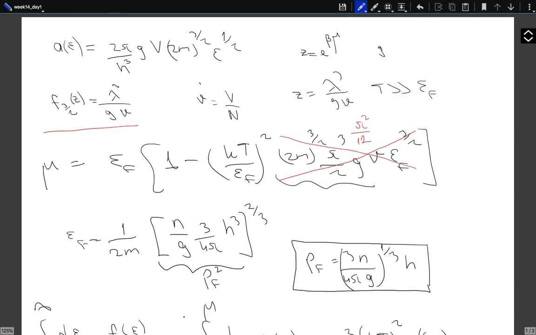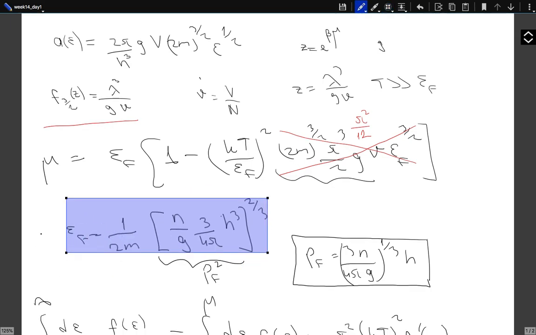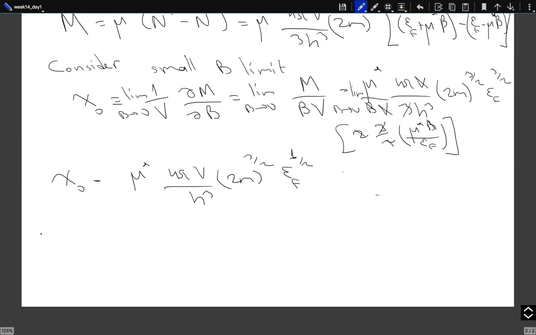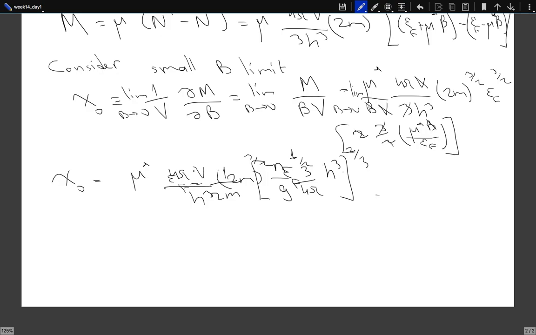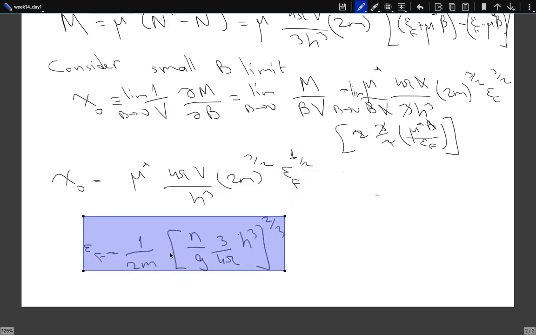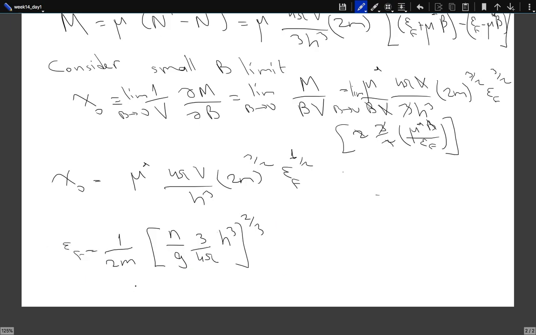Now the expression for the Fermi energy. Well, this is the Fermi energy of the system. We can just replace some of these factors over there. So you see, now there's no V. Now 4 pi, well, let's just take the 4 pi over h cubed.